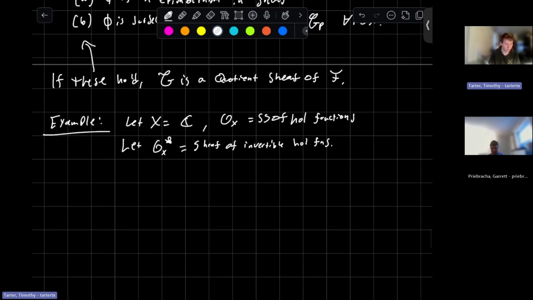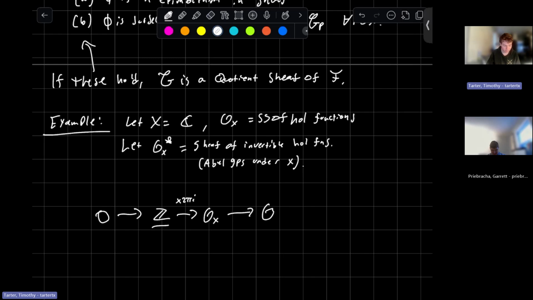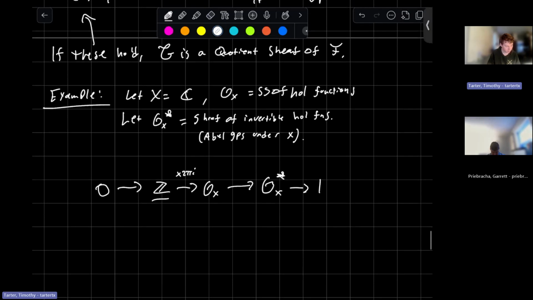Then this is a sheaf of abelian groups under multiplication. Then we have a map from Z, the constant sheaf times 2 pi i, into the sheaf of holomorphic functions, and into 1.